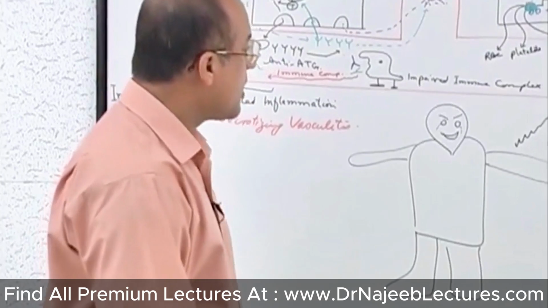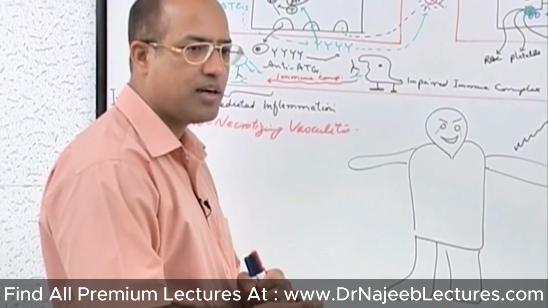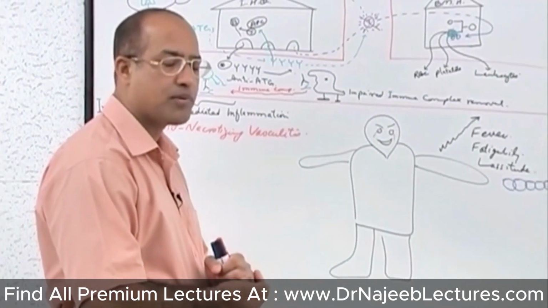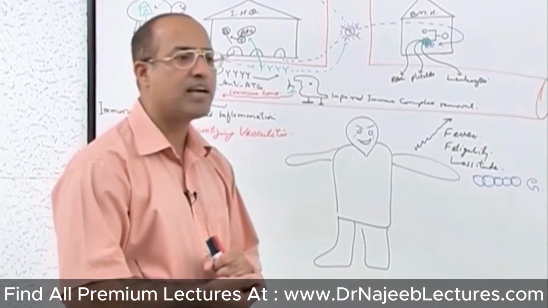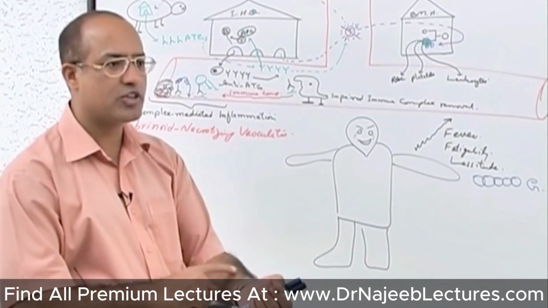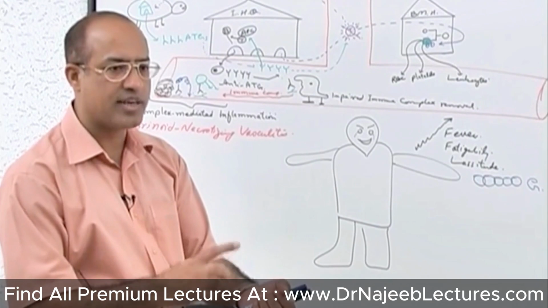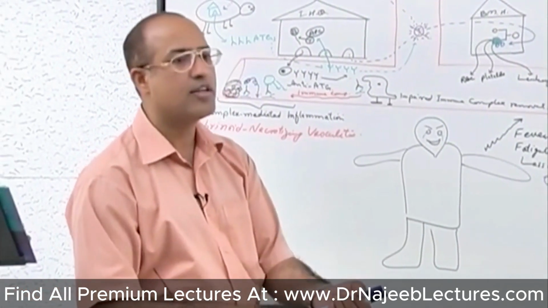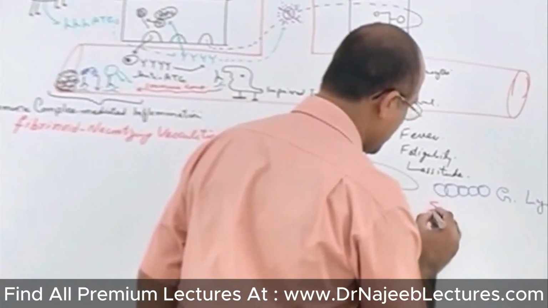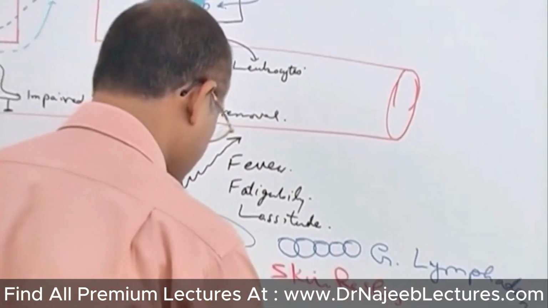Now along with that, the further clinical features will develop according to which tissues are taking up the deposits. Many small blood vessels take up the deposits and develop inflammatory lesions. So the patient develops multiple vasculitic lesions, and these will be evident by rashes on the skin, because when the vessels under the skin undergo vasculitic inflammation, antigen antibody deposition, complement activation, neutrophil arrival and damage, all this will produce skin rashes.